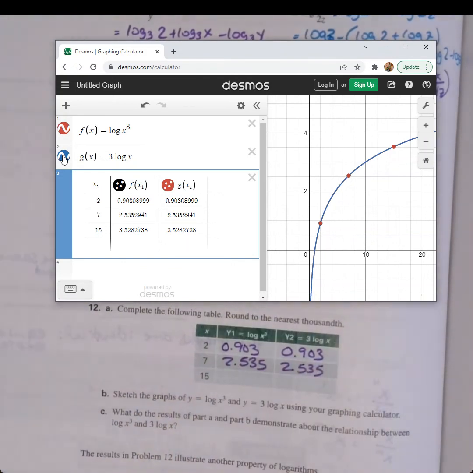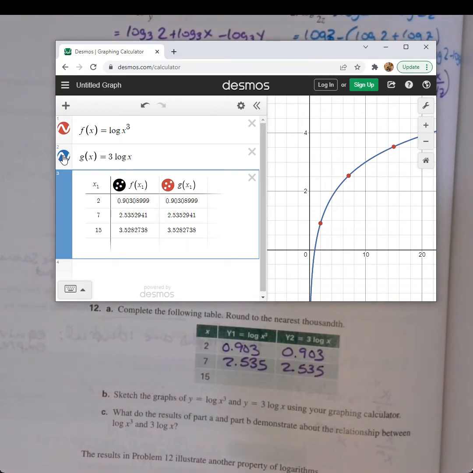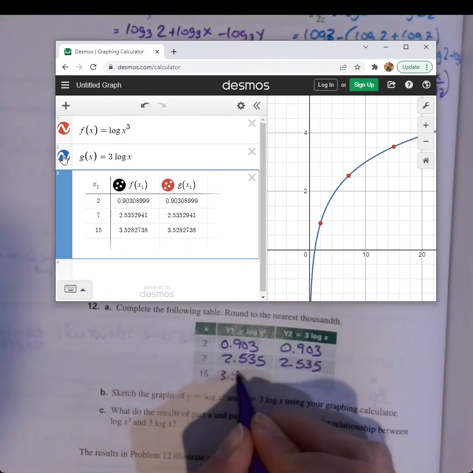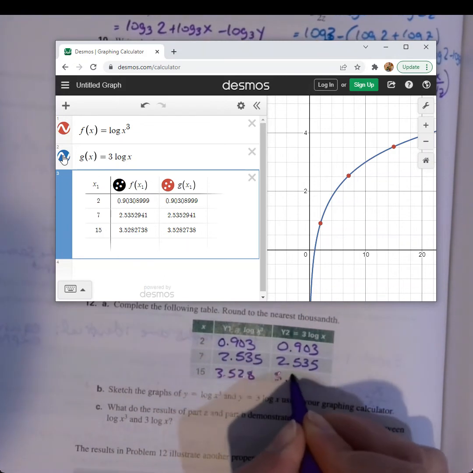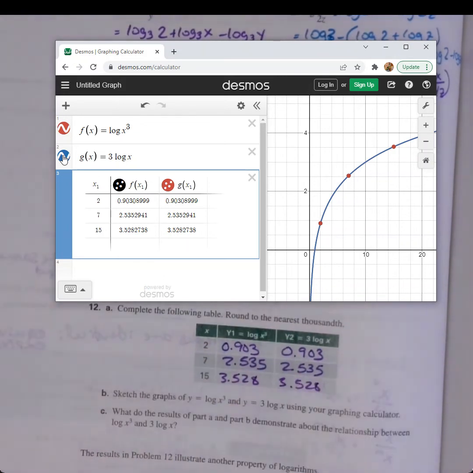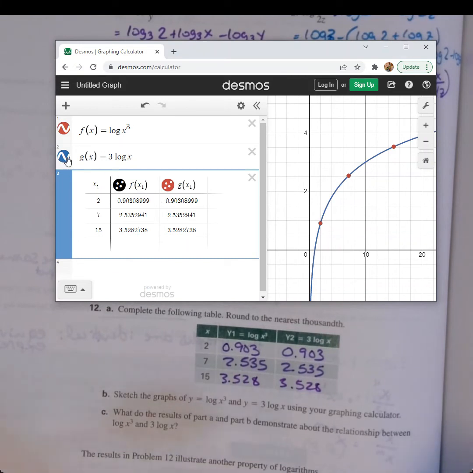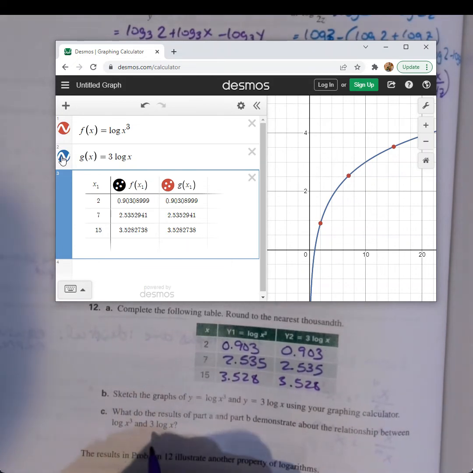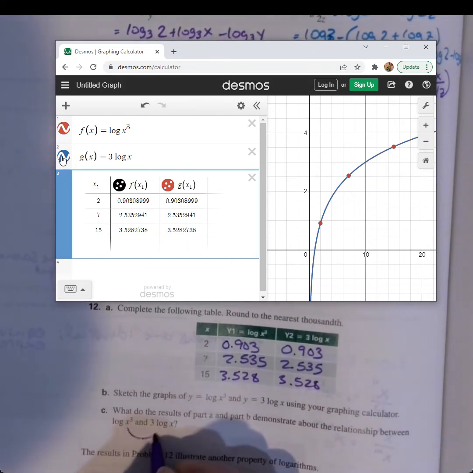And when I plug in 15, 3.528, and 3.528. Exactly the same. Sketch the graphs. The graphs appear to be equivalent. Okay, so these things are equivalent.